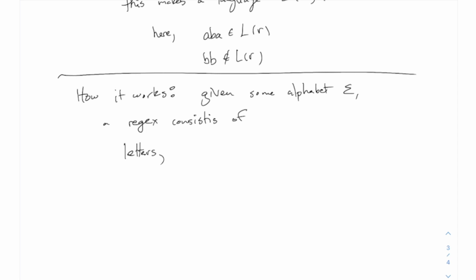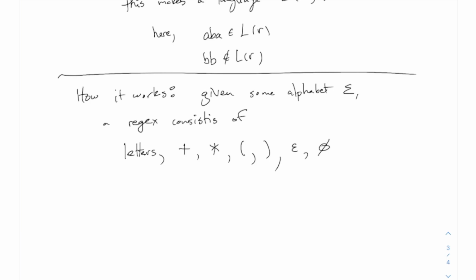It could also have plus, which is an operation. It can also have the star, which you saw in that one. It can also have parentheses. It can also, though this is not always useful, have the empty string. That can appear in the regular expression sometimes. It didn't in the example that I did before. And also, this one is essentially never used, but it is legal to put a special character which represents the empty set in the regular expression.